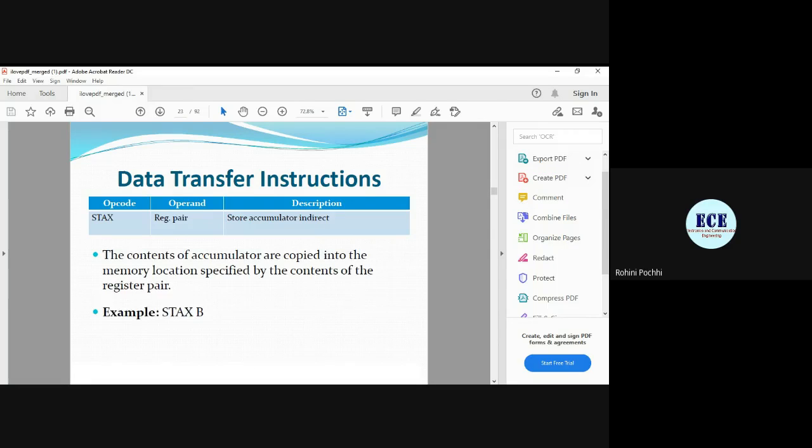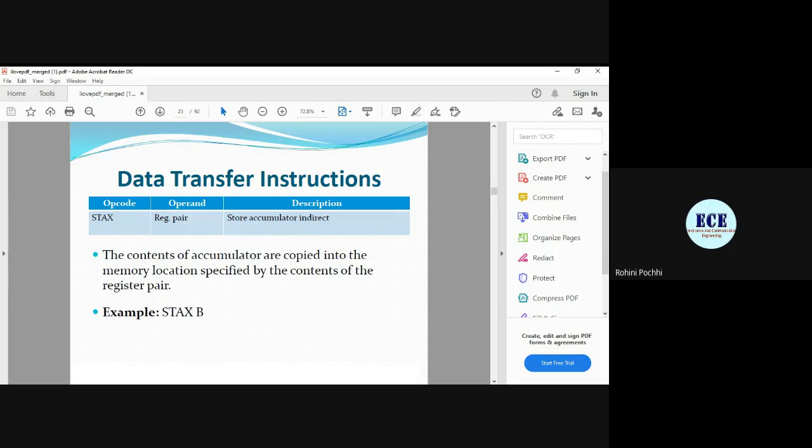Now STAX, it is a register pair, stores accumulator data indirectly. STA will store the accumulator data directly, whereas STAX stores the accumulator data indirectly. The content of the accumulator is copied into the memory location specified by the content of the register pair.